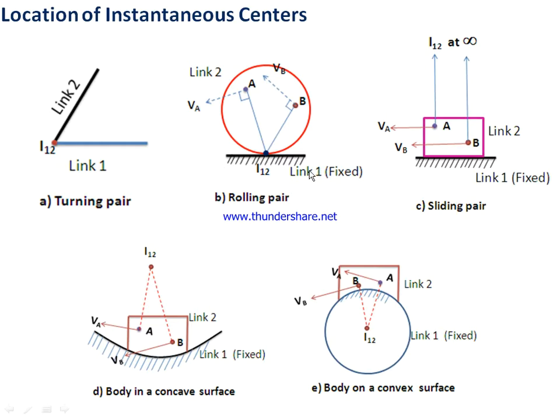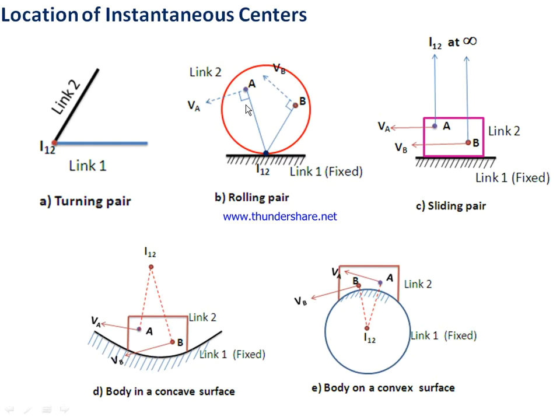To locate it, let us consider 2 points A and B in this body. Let this be the direction of velocity of point A and this the direction of velocity of point B, that is VA and VB.